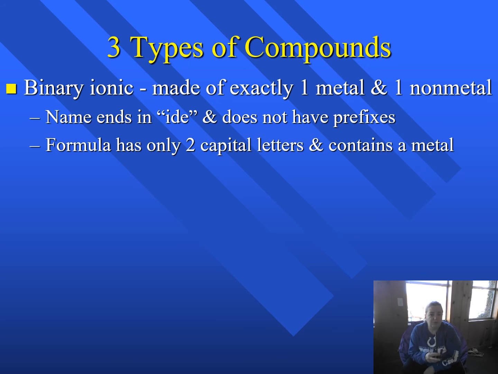If you're looking at the formula, it has 2 capital letters, and the first element's a metal. Like I said, the most metallic element has to be listed first, so if there is going to be a metal, it'll be the first one.